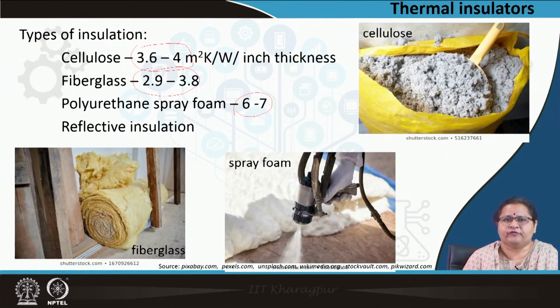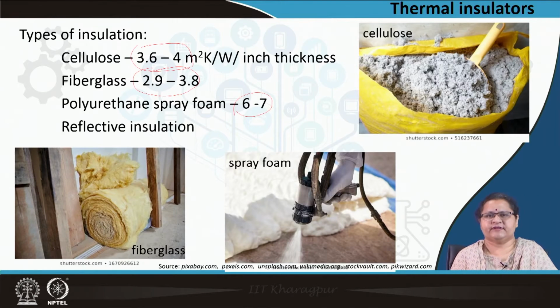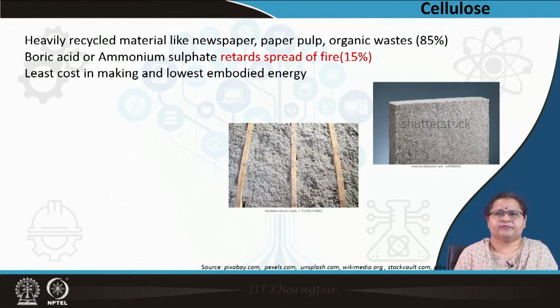It is a foamy material coming out from the nozzle, it is being applied, and reflective insulation. So, if we come to the first one, which is cellulose, it has the least cost of making and least embodied energy in it.